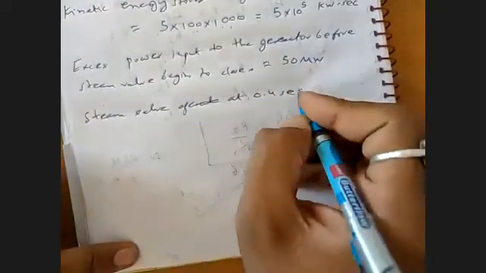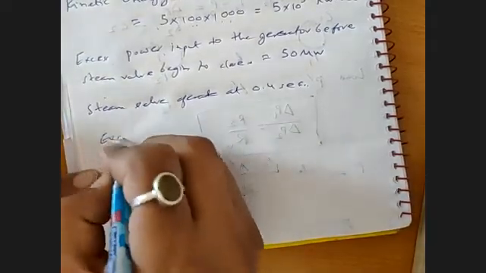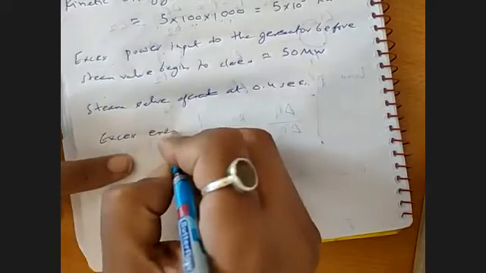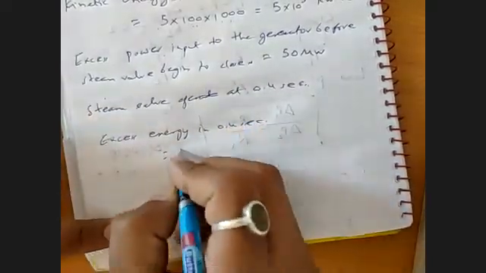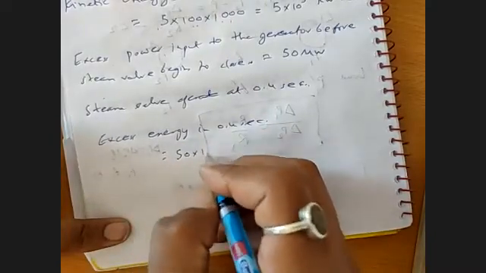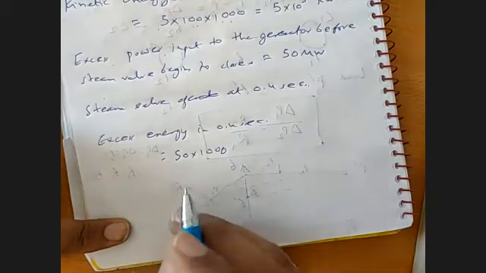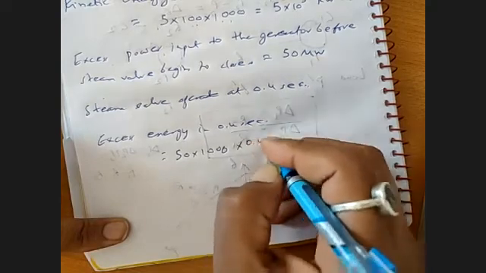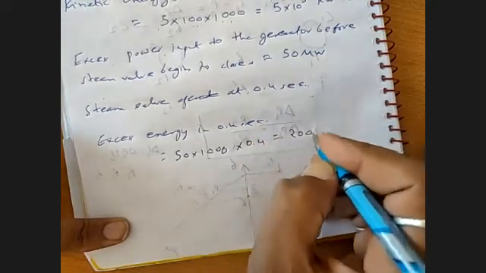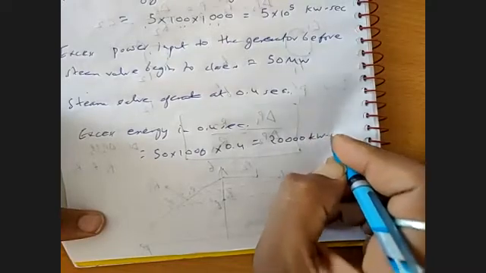So the excess energy provided during this 0.4 second will become 50 into 1000 kilowatt into the duration, that is 0.4, and that will become 20,000 kilowatt second.